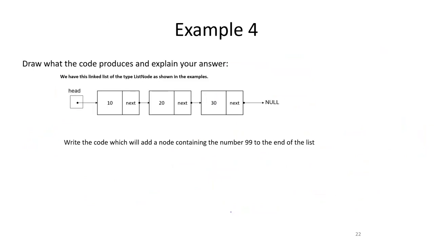Let's do one last example. In this case, we are asked to write the code which will add a node containing the number 99 to the end of the list. Here we can assume that the list node struct is declared.